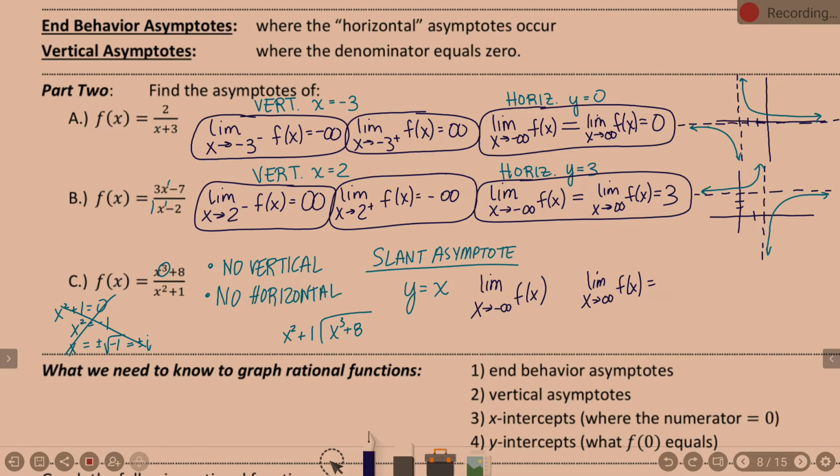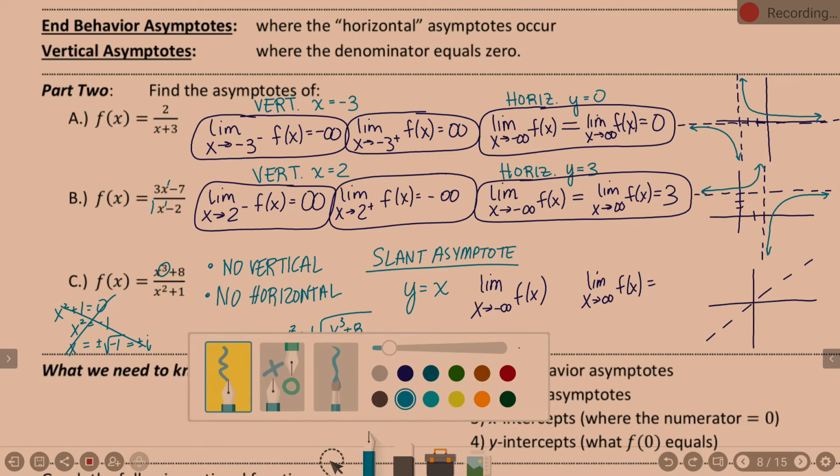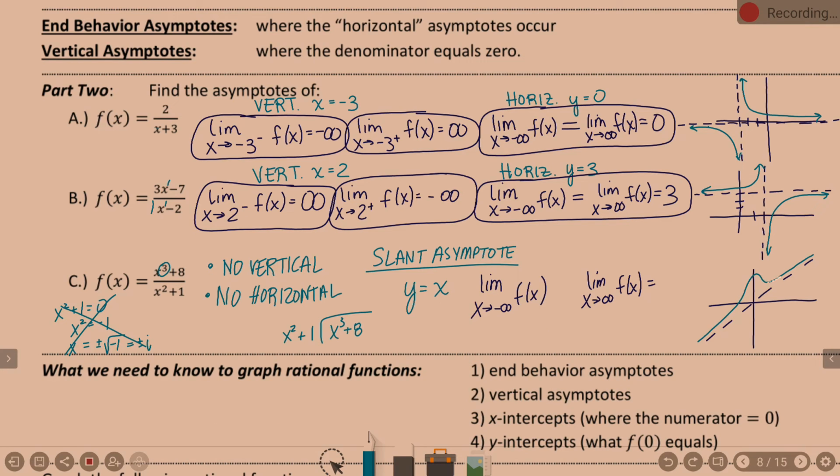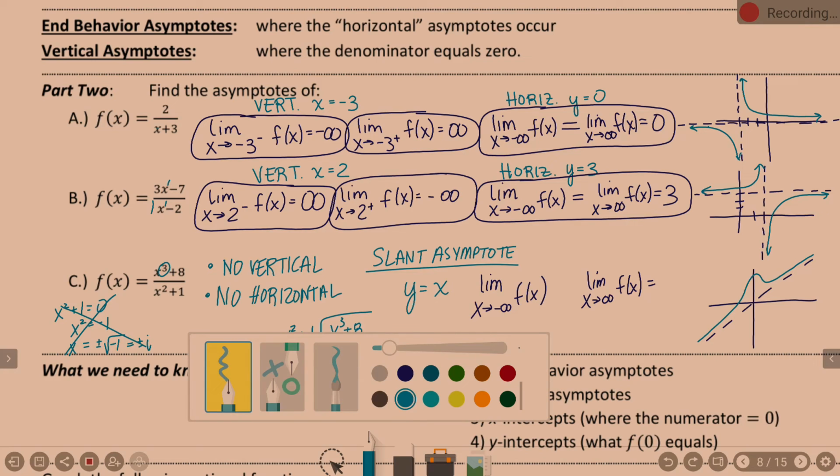X to the third plus 8 over x squared plus 1. Do you see the asymptote it's running along? There's that diagonal asymptote that my graph is running along. Something like that. I can't do it justice. But think about these answers.